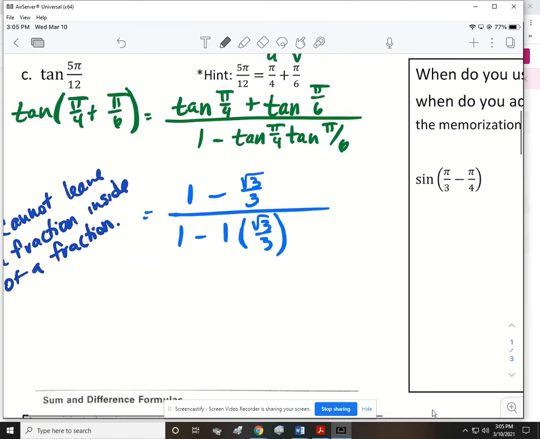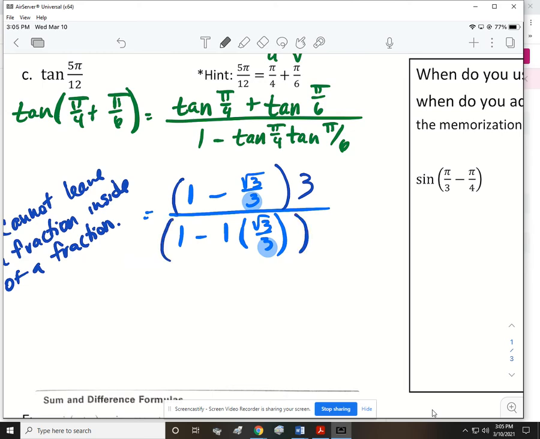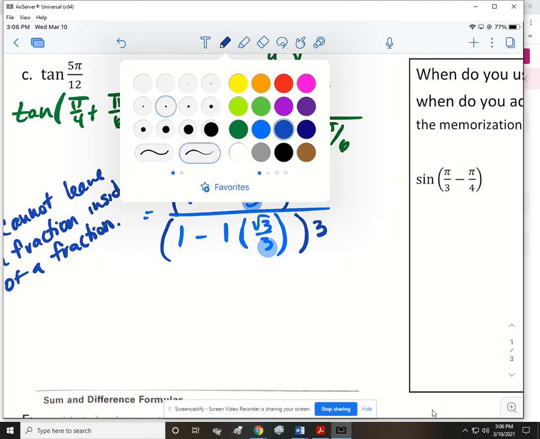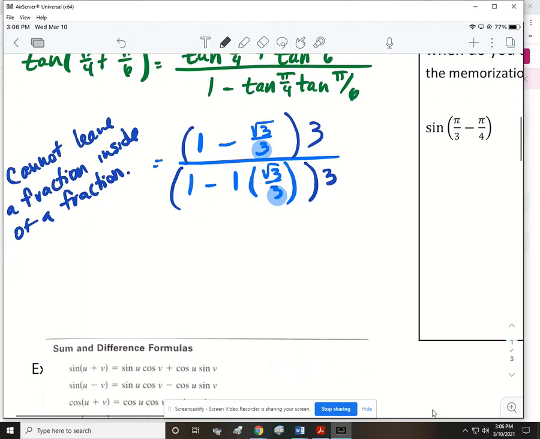And so what we're going to do, see, because both of these fractions have this little denominator of 3, what I can do is just multiply the numerator and denominator by that 3. Okay, so I would distribute that on the numerator. I'm going to get 3 minus, and then when I multiply the 3 by this whole thing, the 3's cancel out. I'm left with the square root of 3.